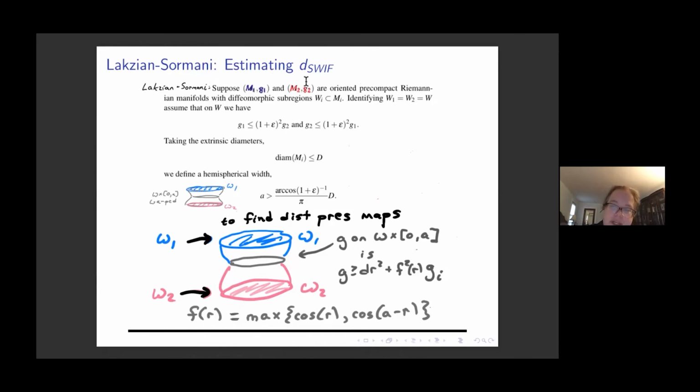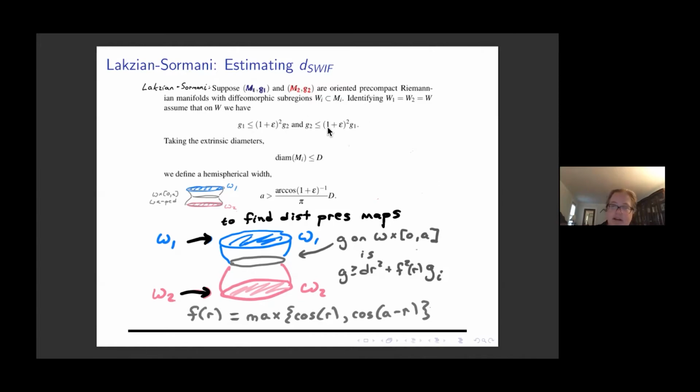So in this particular case, we're going to assume that there are subregions W_i sitting in the M_i's, which are diffeomorphic to each other, but the rest of the manifolds don't have to match in topology at all. You may also have loops or wells or things in the M_i that are not included in these nice regions W_i. The W_i's are not only going to be diffeomorphic, but they're going to be diffeomorphic to a common region W, but the relationship between the two metric tensors is going to be off by only a very small factor of 1 plus epsilon.